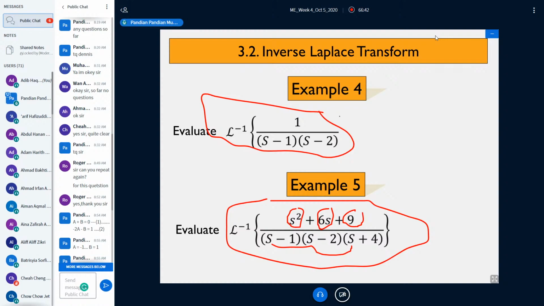Yes, Wang Chen? You have to practice. Sir, what about the a is 4? Which a? What do you mean?